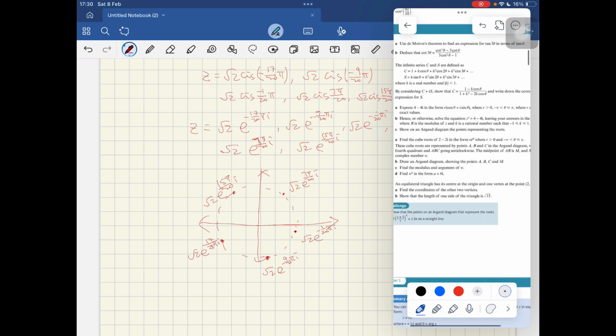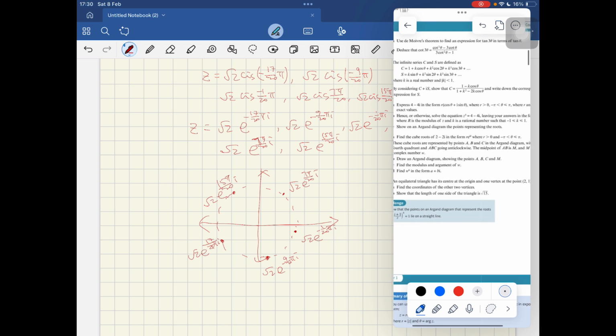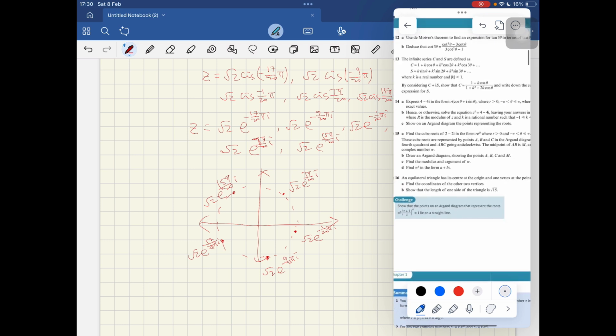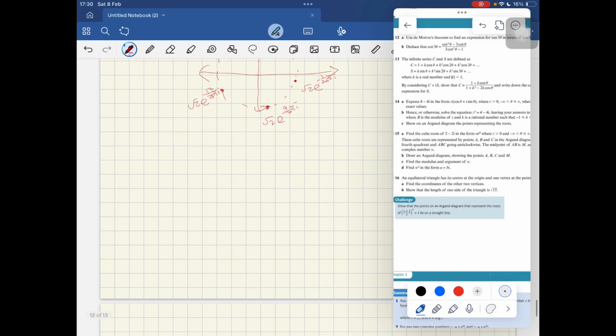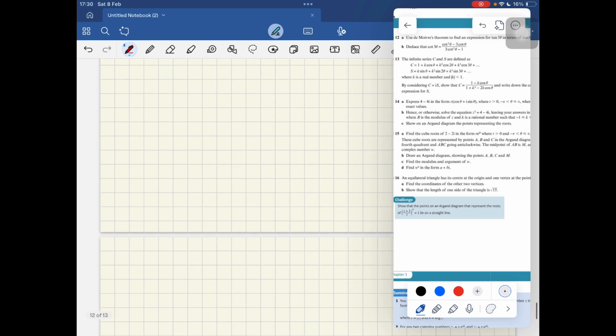Number 15, cube roots, and represent on an Argand diagram. A, B, C, M, modulus and argument of W to the power of 6. Let's do that.